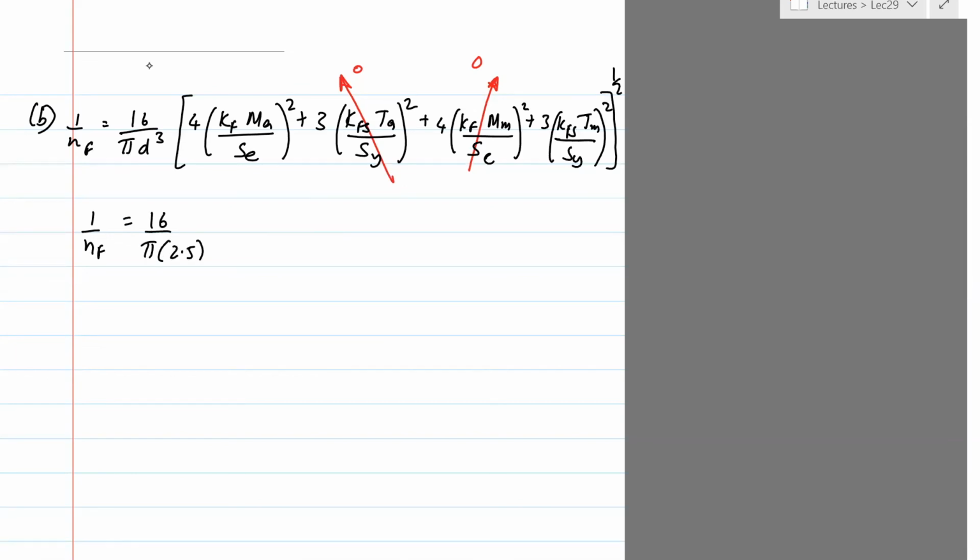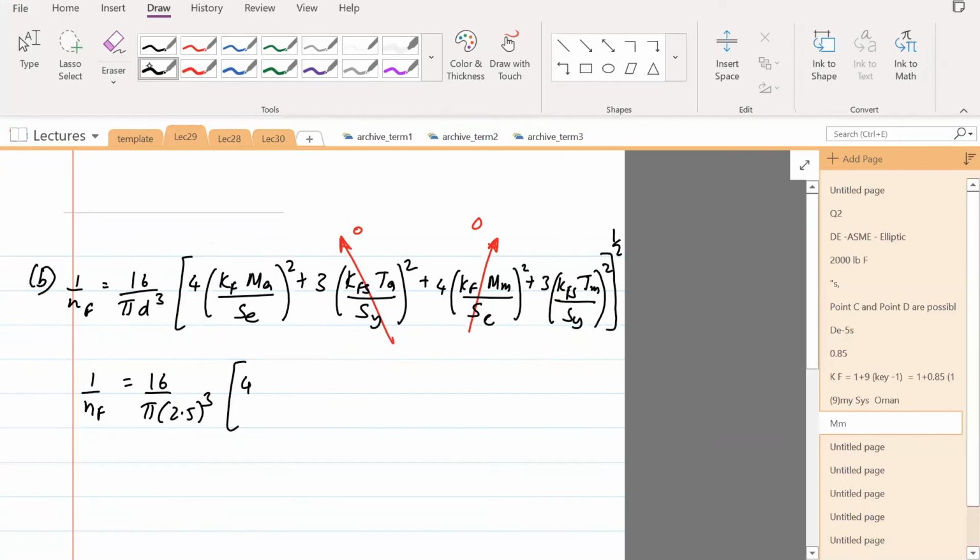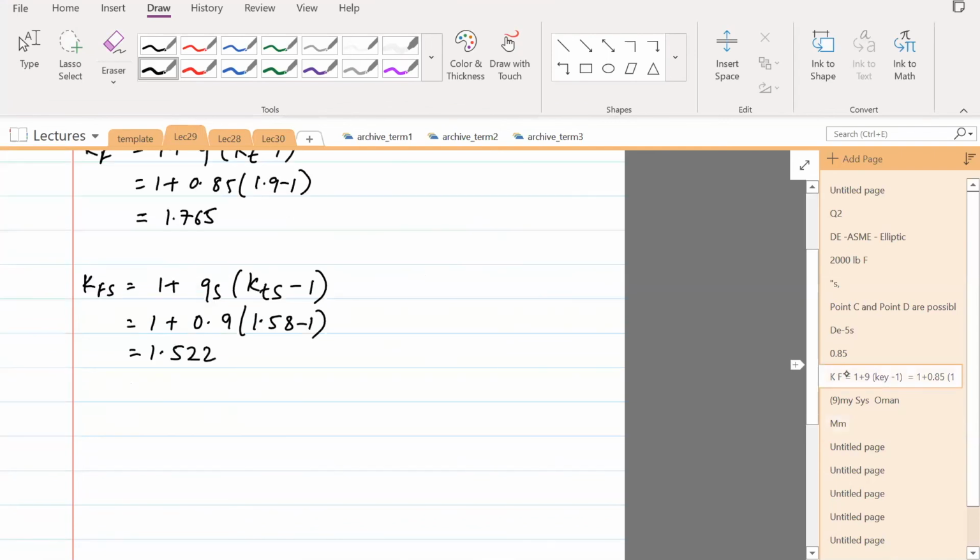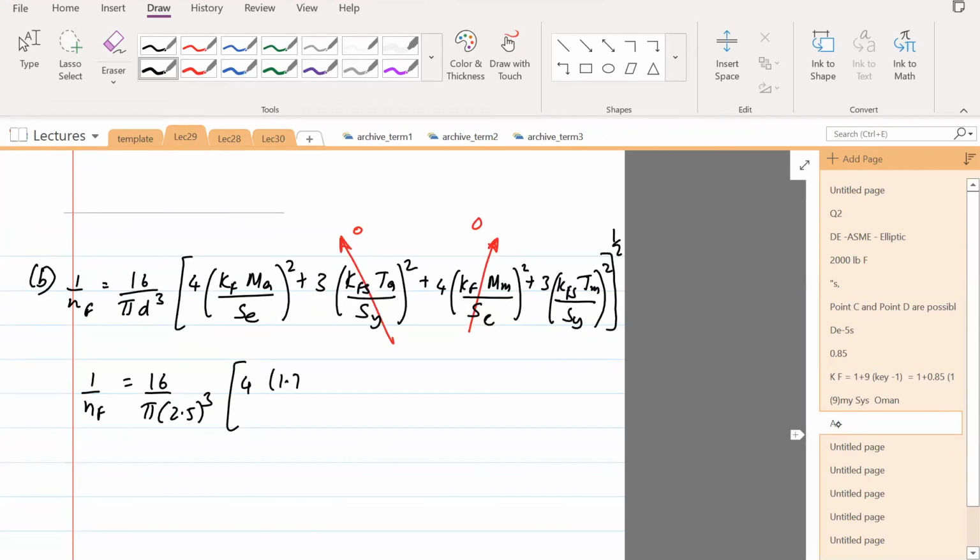By 2.5. See what KF we got: 1.765. Times 2400 divided by SE.